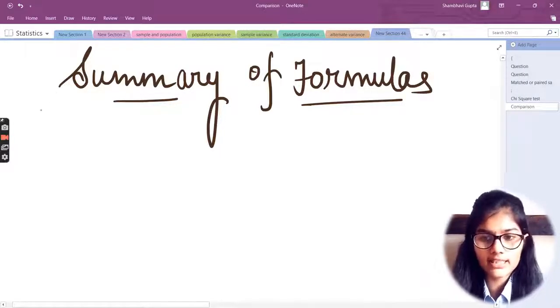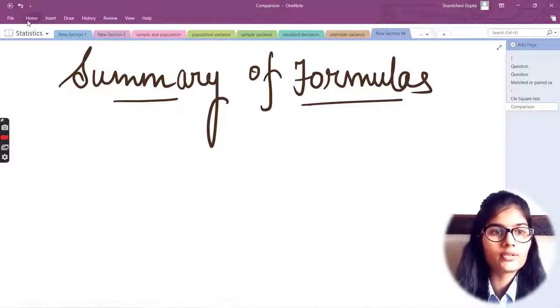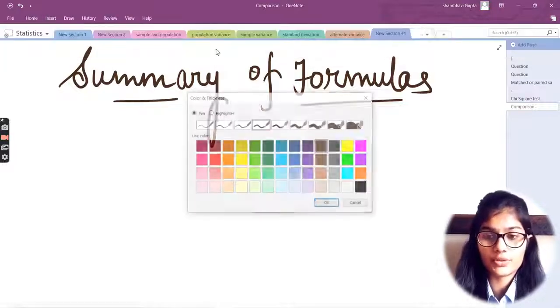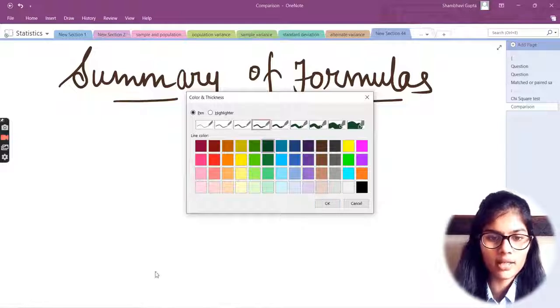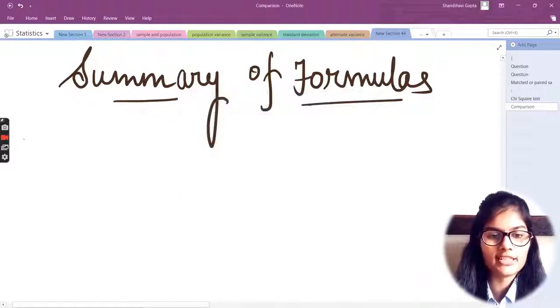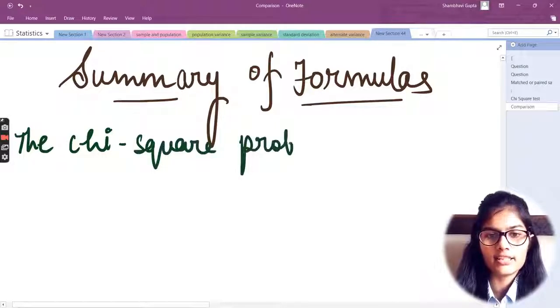Okay, so I'll be starting with the quick summary. Let me take a new color. So for the first thing, I'm just quickly going to discuss the chi-square probability distribution.